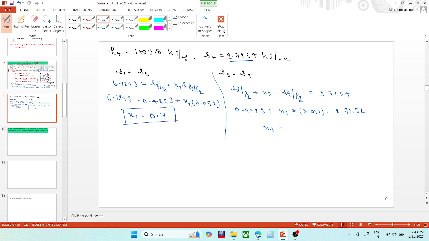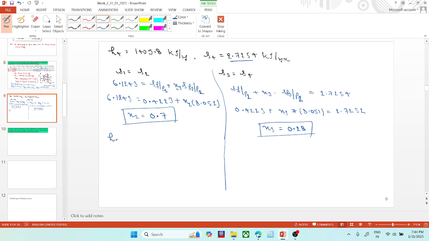From here, the value of x3 we can determine. It would be something like 0.28.